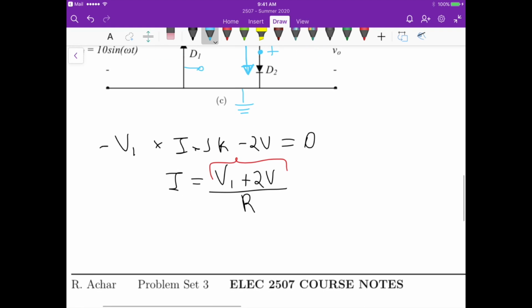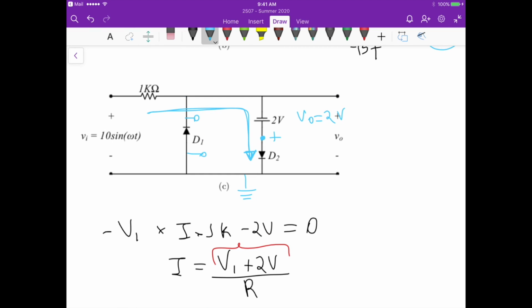And that happens when VI is greater than minus 2 volts. So for values of the input voltage greater than minus 2 volts, we know that V out is equal to 2 volts, which is the value of that voltage source.